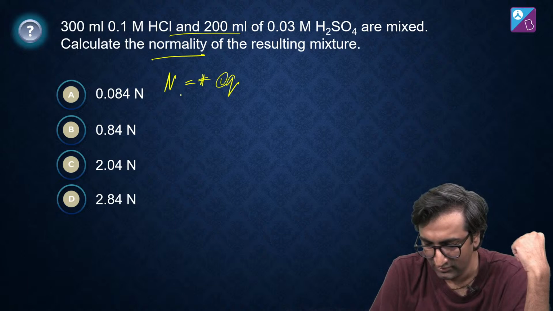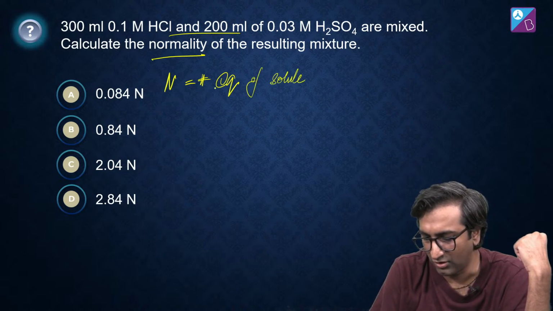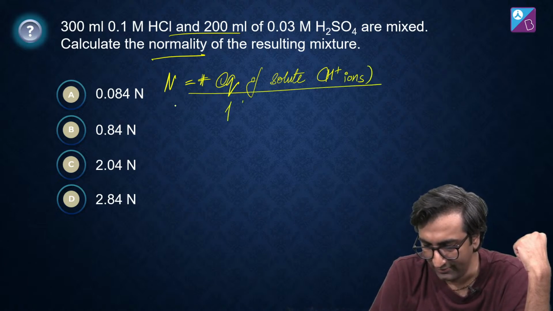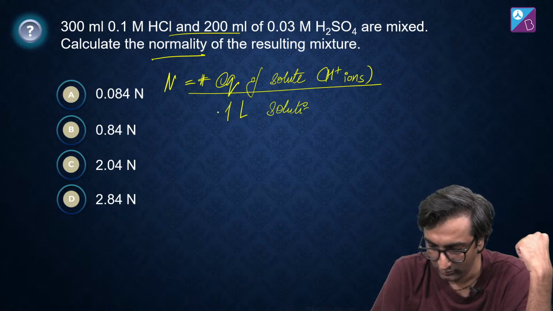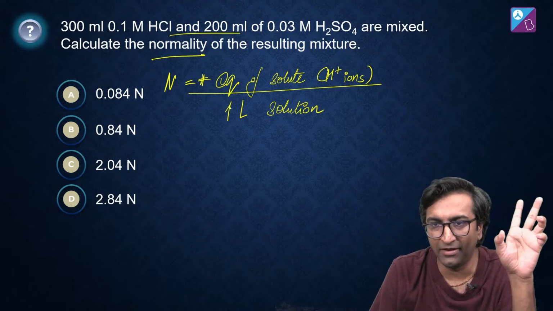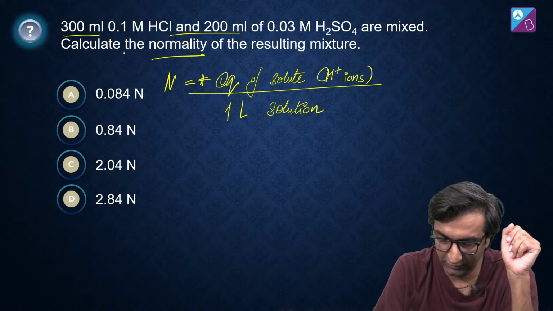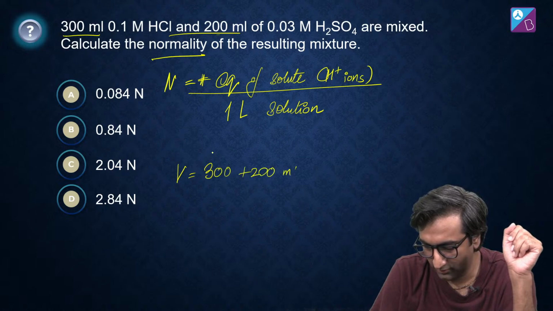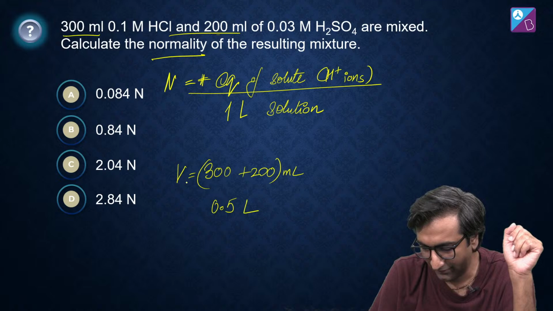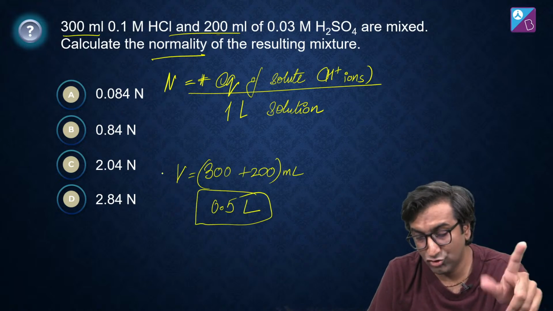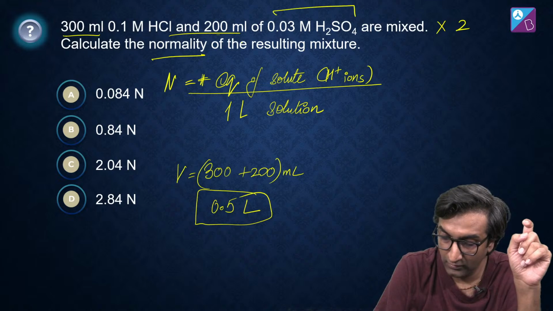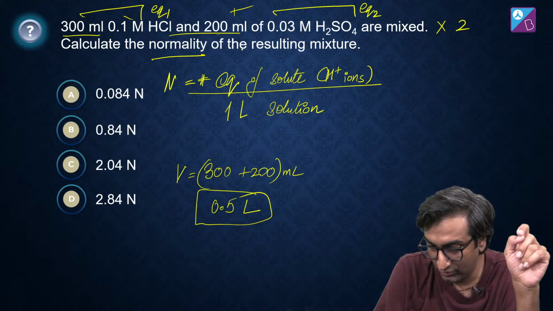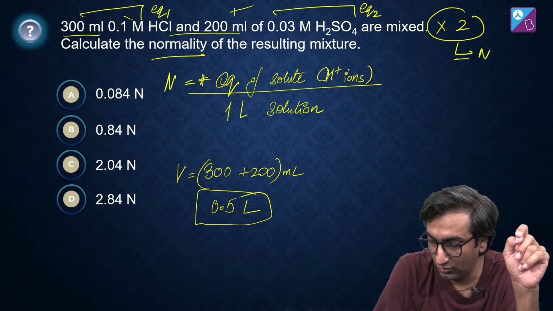Number of equivalents of solute, in this case, let's talk about H plus ions in 1 liter solution. ठीक है. सो यहां पे टोटल वॉल्यूम क्या बन रहा है? 300 plus 200, which then becomes 0.5 liter. मतलब कि इसमें जो भी इक्विवेलेंट्स हैं times 2. Let's say equivalent 1 plus equivalent 2 times 2 will be equal to normality.